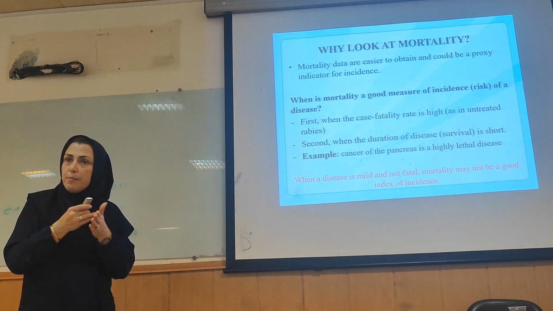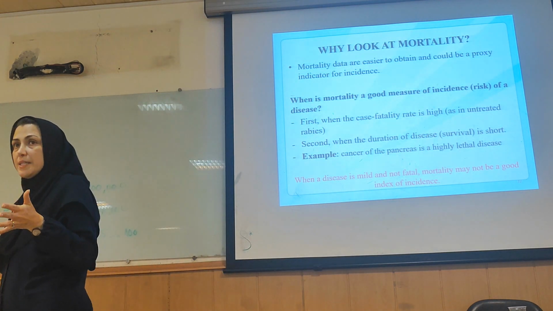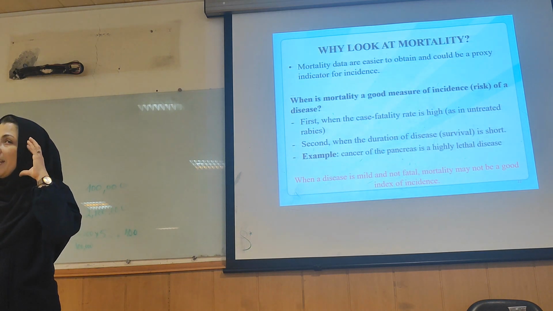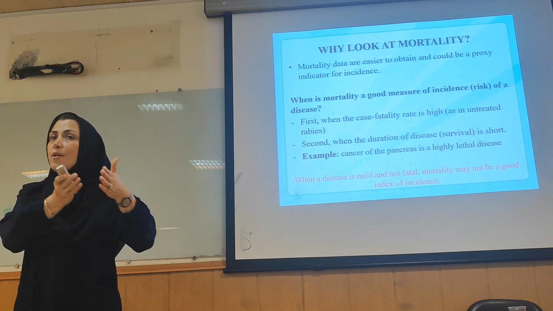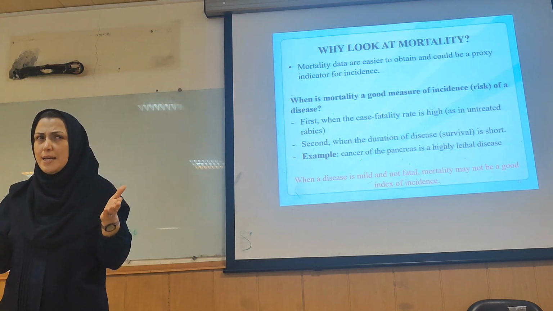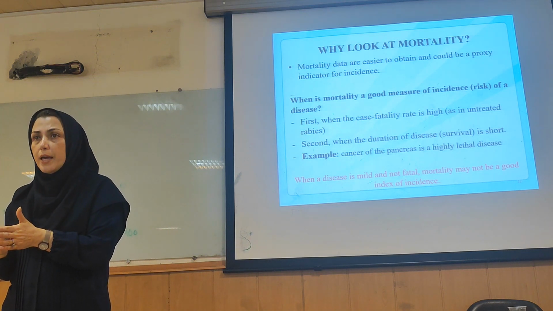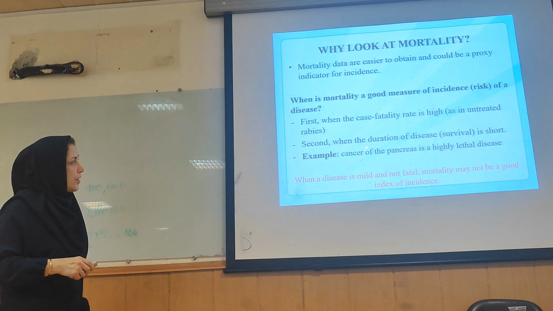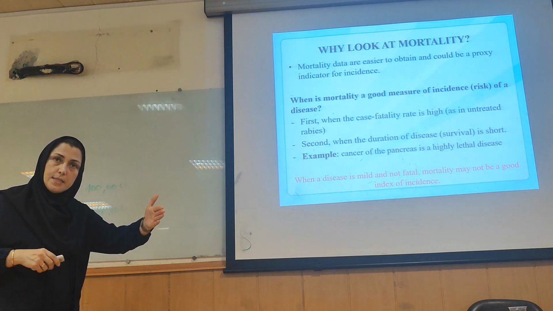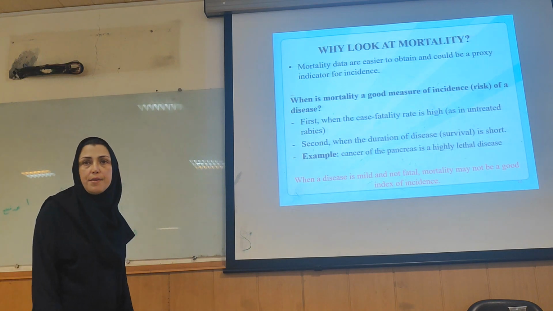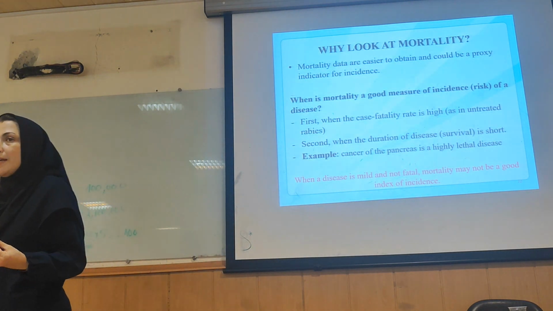So, if the number of deaths due to pancreatic cancer is clear, we can assume the number of these deaths as the number of incident cases, because we think that almost all pancreatic cancer patients will die. Okay? And another criterion is short duration between disease and death. I mean that the survival of the disease is short.